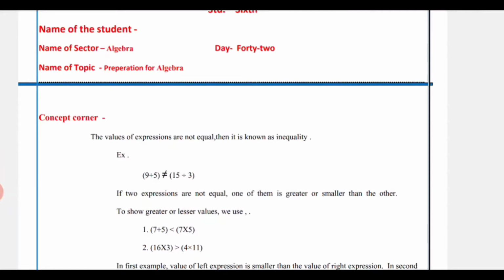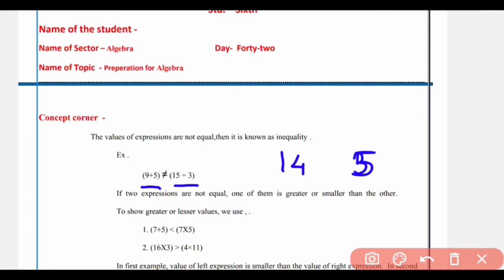Example is given: 9 plus 5 is not equal to 15 divided by 3, because we all know 9 plus 5 is 14, and 15 divided by 3, answer is 3. Sorry, answer is 5. 5 3s are 15. So 14 and 5 are not equal, and that's why it is shown by the equal to sign being cancelled.